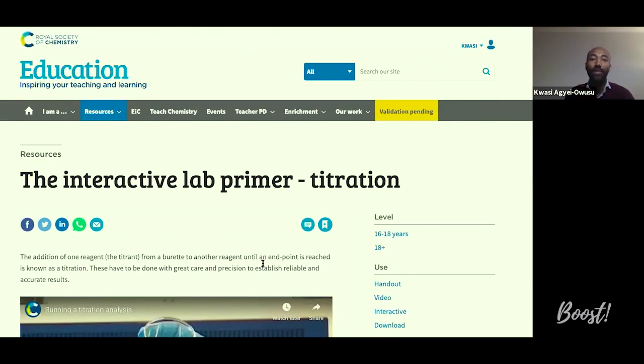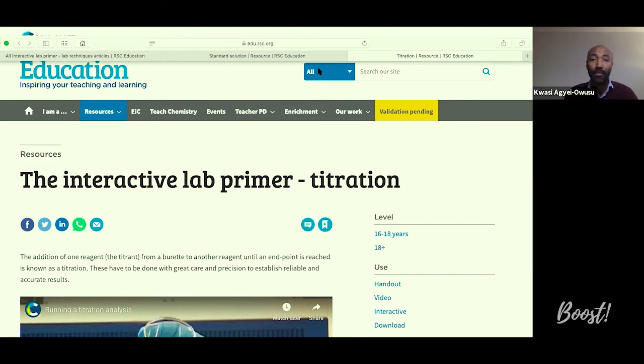Very good. So you should have the Interactive Lab Primer on titrations on your screen at the minute. And to access this page, you simply need to Google RSC or the Royal Society of Chemistry and Interactive Lab Primer. And this takes you through a number of practical techniques that are encountered at A-level. Of course, the relevant practical techniques we're looking at today are titrations, but also making a standard solution to use in a titration.